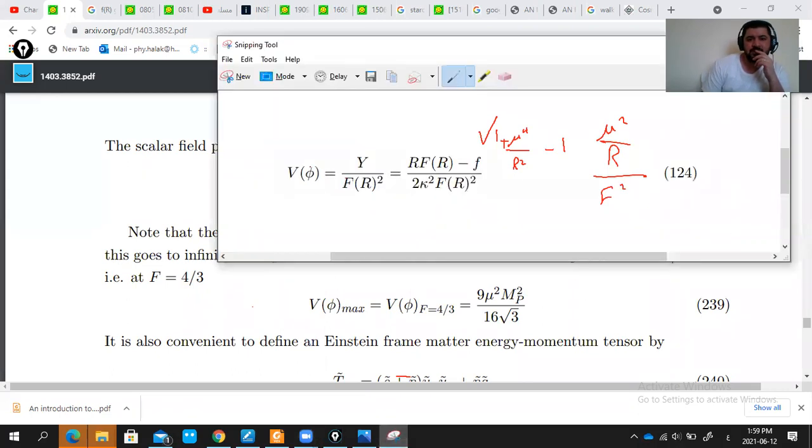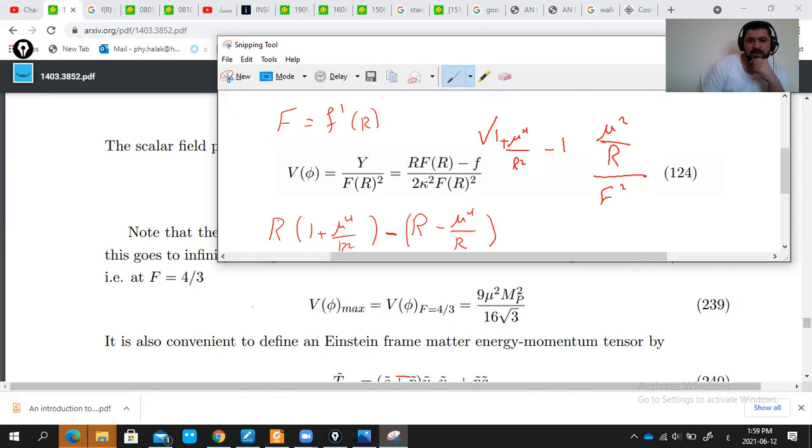But let's see if this equation gives us this R F_R minus F. So let's see, if we say that this is f and F_R is just 1 plus mu to the power 4 over r squared. So now I'm trying to see what will happen if f is the derivative of F_R, if we can recover this equation, minus f, where f is r, here r, minus mu to the power 4 over r.